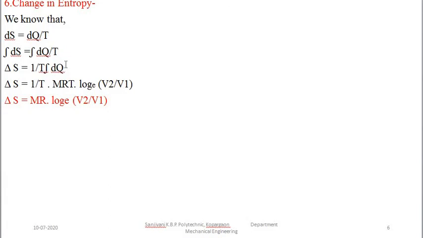We can write this equation in terms of the pressure ratio as delta S is equal to mR log to the base e of P1 upon P2. So we can use either of these equations to find out the change in entropy during the constant temperature process.